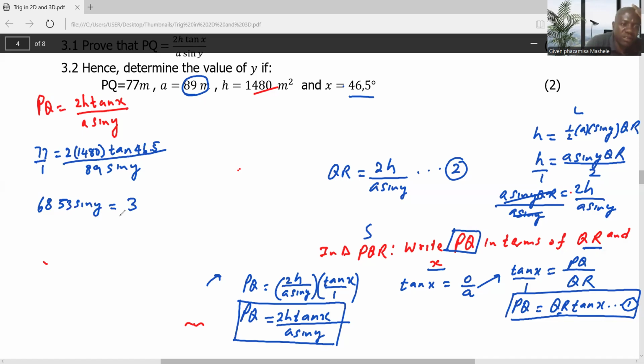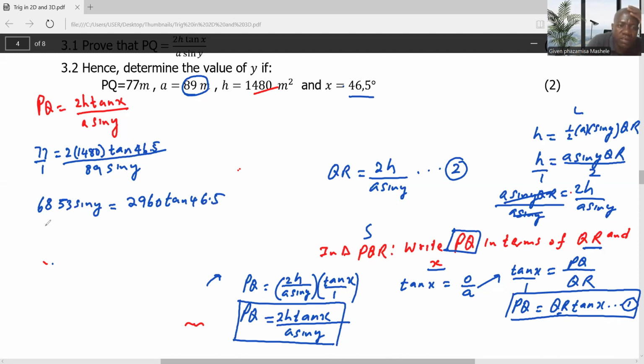Okay, let me just write the whole thing, then I'll write the final answer here. 2 multiplied by 1480 will be 2960 tan 46.5.